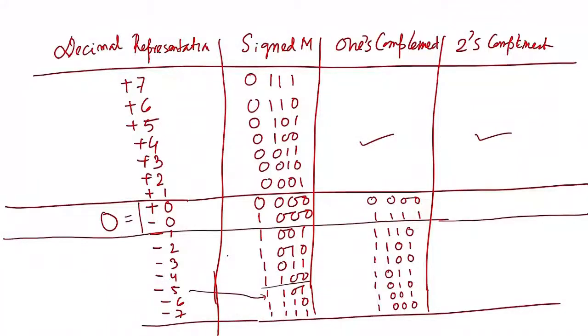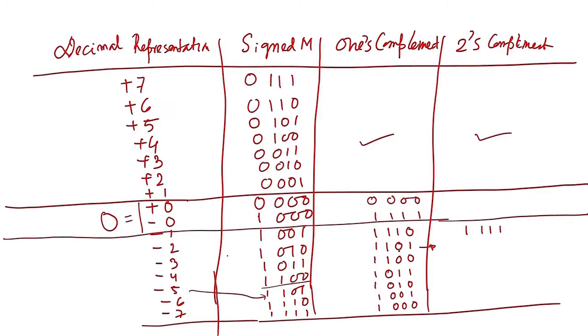Now, come to the 2's complement representation. How do you do the 2's complement? You take the 1's complement and add 1. So, therefore, for minus 1 the corresponding 2's complement will be, this is already the 1's complement, you add 1. So, this will be 1 1 1 1. Okay. Now, this is minus 1, then what will be minus 2? Here minus 2 will be, you add 1.